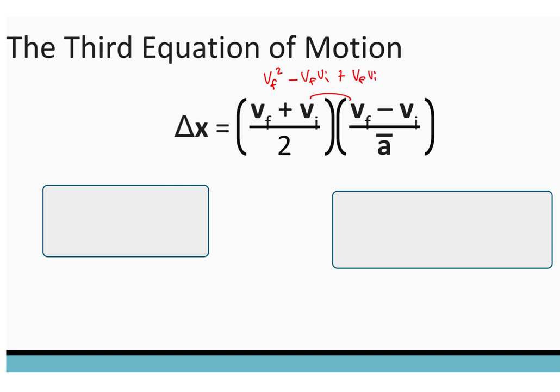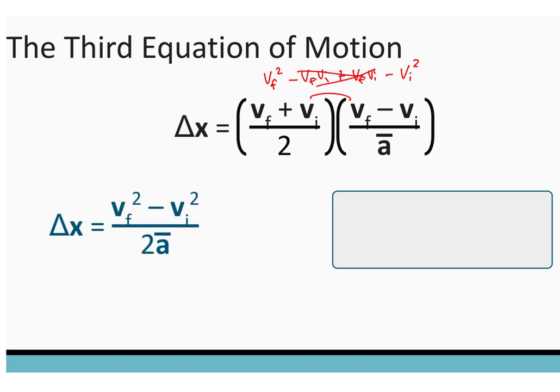And if I multiply the last ones, I get v_i squared. What happens to my middle terms there? They cancel. So I end up with my final velocity squared minus my initial velocity squared over 2 times my acceleration. And that's how you can find displacement, and you don't even have time in there. There is no time in that equation. So this is for finding your displacement when your time is unknown.